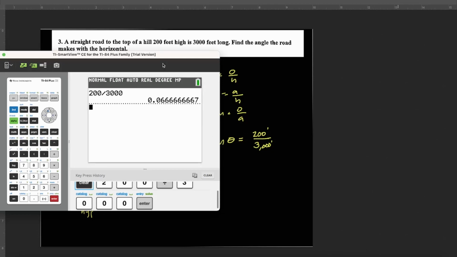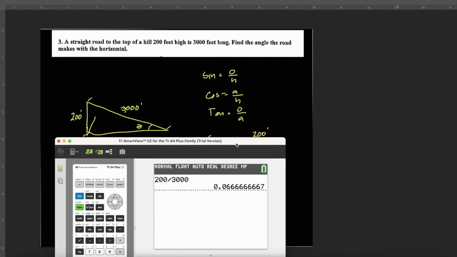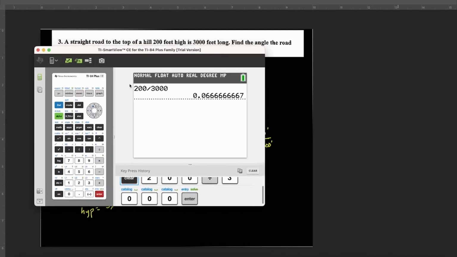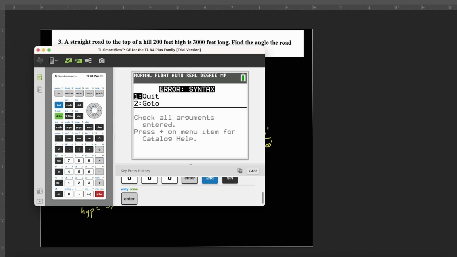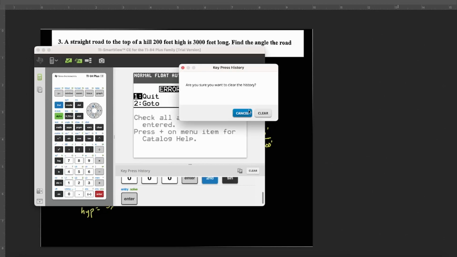Since we're going to be using sine, we need to get the inverse of sine. So we press the blue button on our calculator, the second function, press sine, then we press our answer. Okay, I accidentally pressed enter. My bad, guys. So let's do that again.